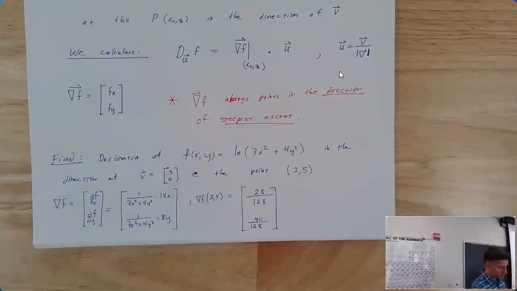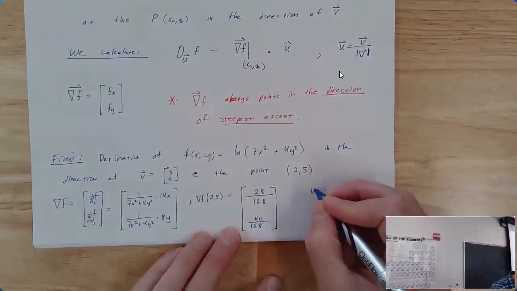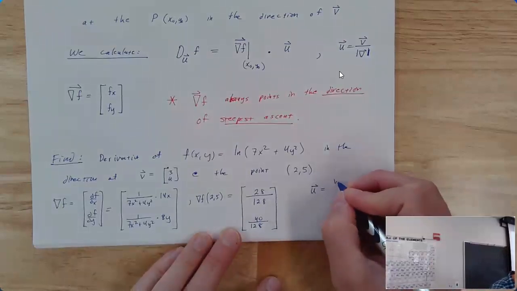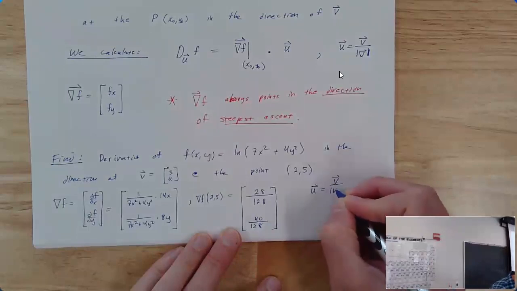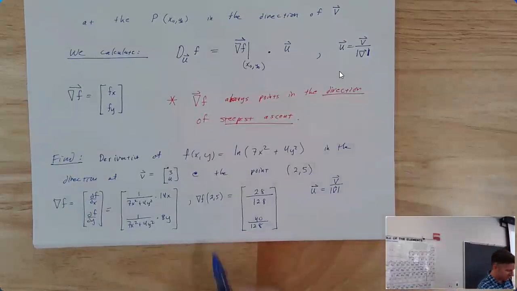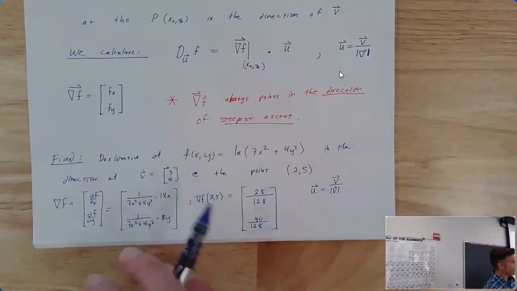And now our directional derivative. The direction we're going in is the direction 3, 4, but we always have to normalize it, or make it a unit vector. So our unit vector u is just v divided by its own magnitude. In this case, v is a 3, 4 vector. Its magnitude is 5. You're going to see that a lot.